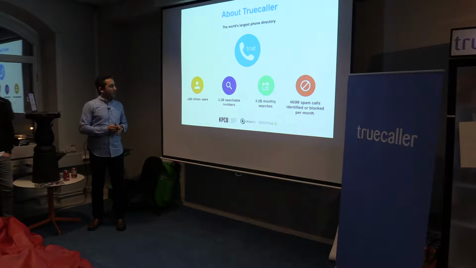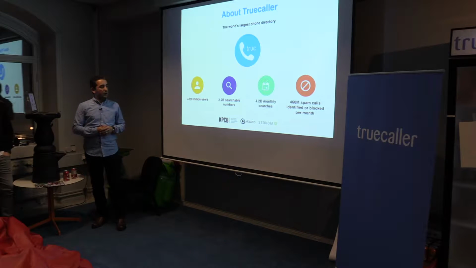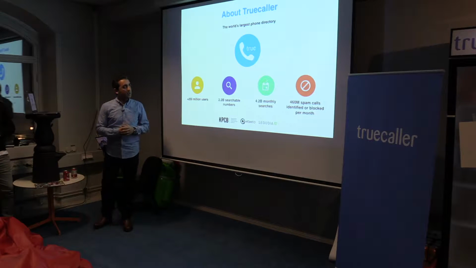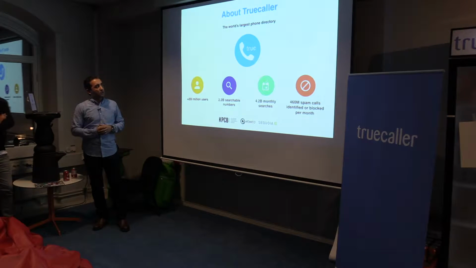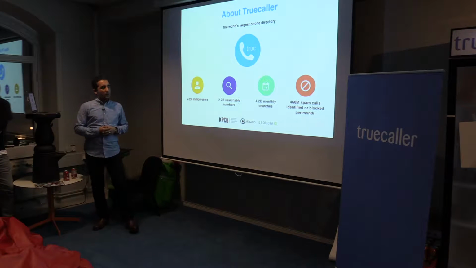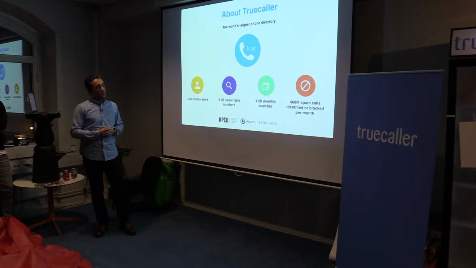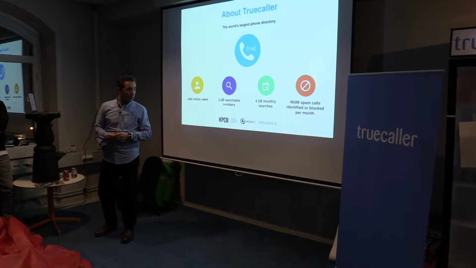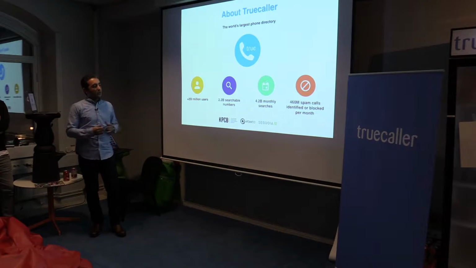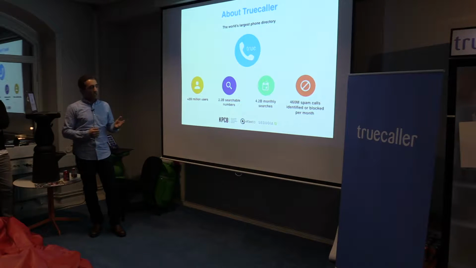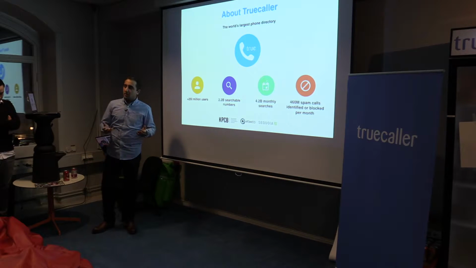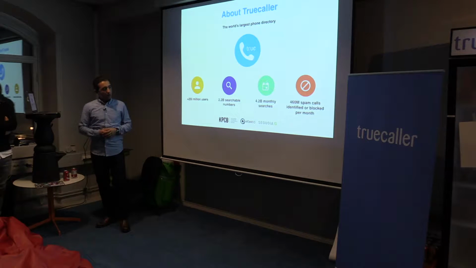At the moment, we have more than 250 million users, and in our database, we have more than 2.2 billion searchable numbers, and we are the world's largest phone directory. When it comes to spam protection, on a monthly basis, we identify or block 460 million spam calls. And the company is backed by very well-known investors, which have invested in big companies like Google, Amazon, and Klarna.